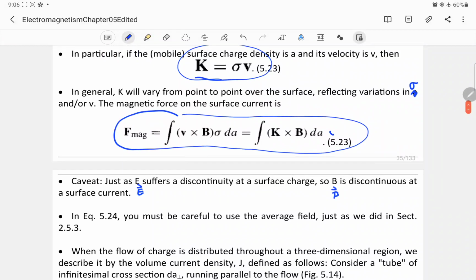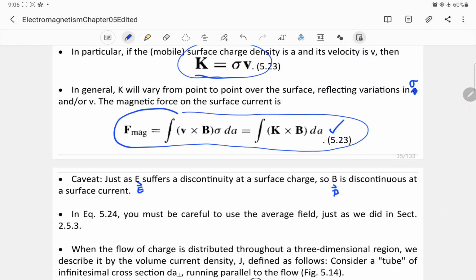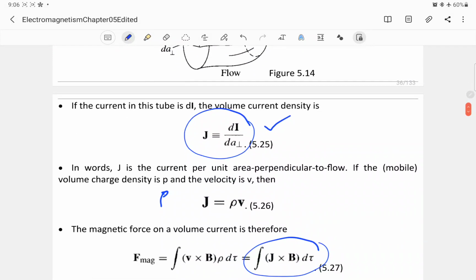If you are dealing with current flowing in a volume, then it would be this one. But for a wire, it will just be F equal to the integral of I cross B times, sorry, I'm very sorry for that, times dL. So it will just be that.